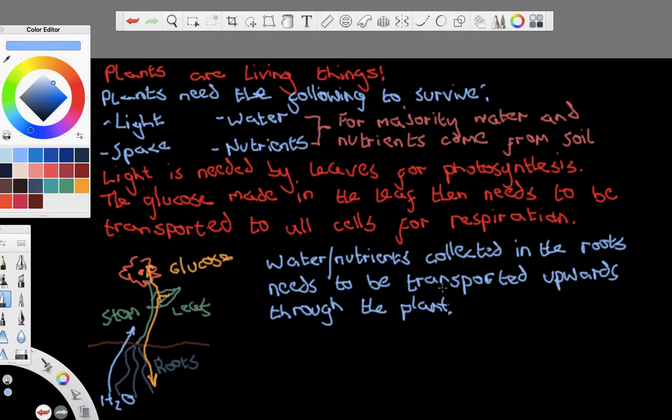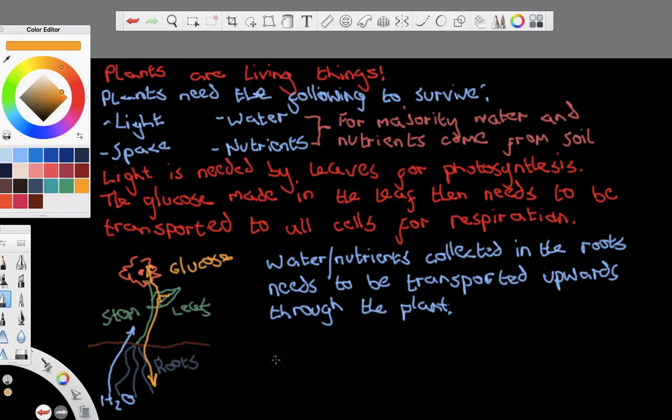Now, water, I'm not going to write it down here, but water is needed for these hydrolysis reactions. Plants are living things, they still do condensation and hydrolysis reactions, therefore water is needed by all cells so that they can carry these reactions out.